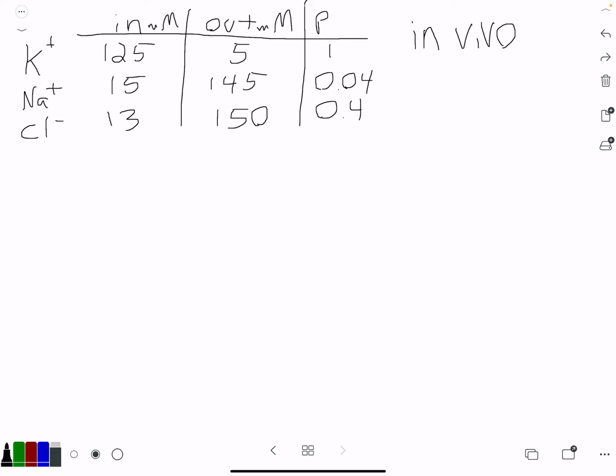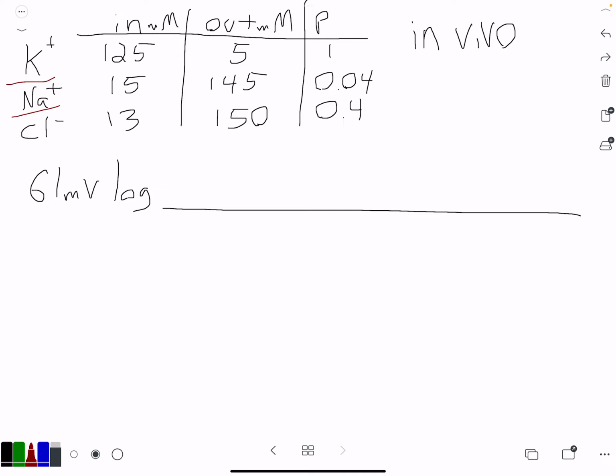First, I'm not using 58, but 61, because we're at body temperature, millivolts, multiplied by the log of the concentrations and permeabilities of potassium, sodium, and chloride, all three.